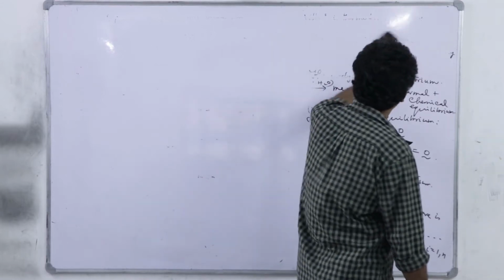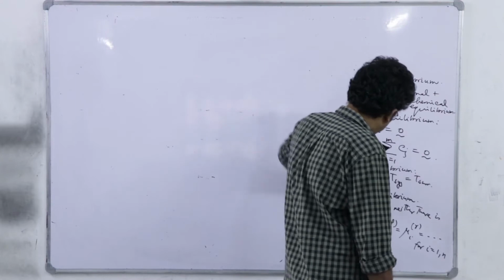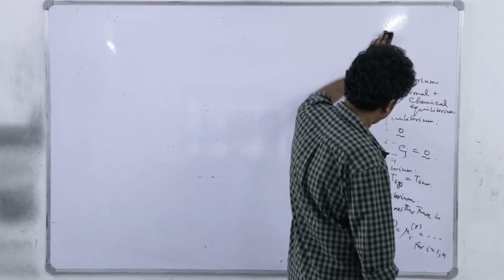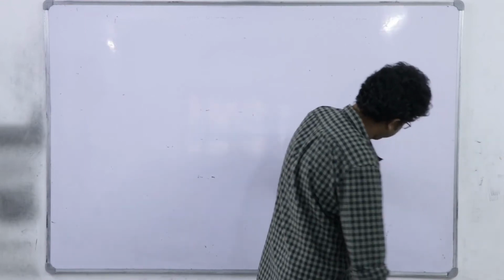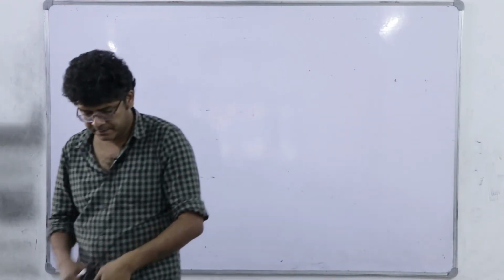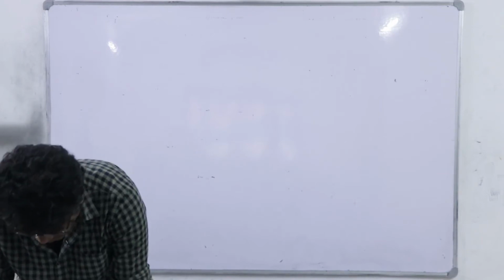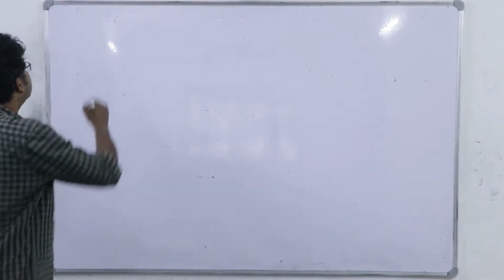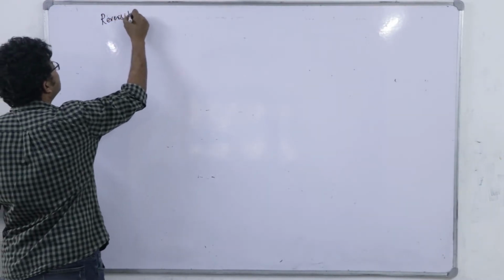So, with that, now let us proceed to under what condition we can trace the graph for a process executed. Okay? And here comes the concept of reversible process.